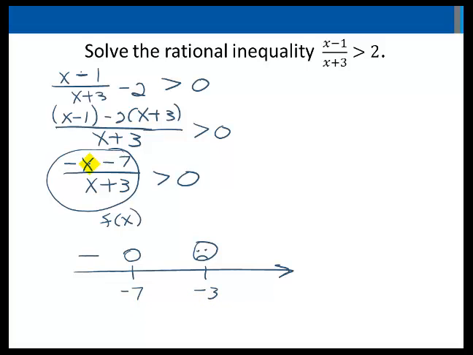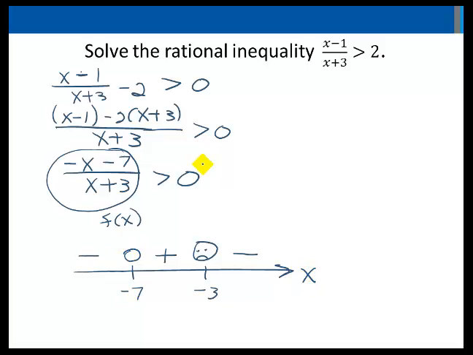I'd have the negative of -4 and minus 7, which would be negative over -4 + 3. So my f(x) will be positive between -7 and -3. To the right of -3, we might pick 0, which would give me a negative over a positive, resulting in a negative. And so f(x) is negative to the left of -7, positive between -7 and -3, negative to the right of -3, and 0 at -7.